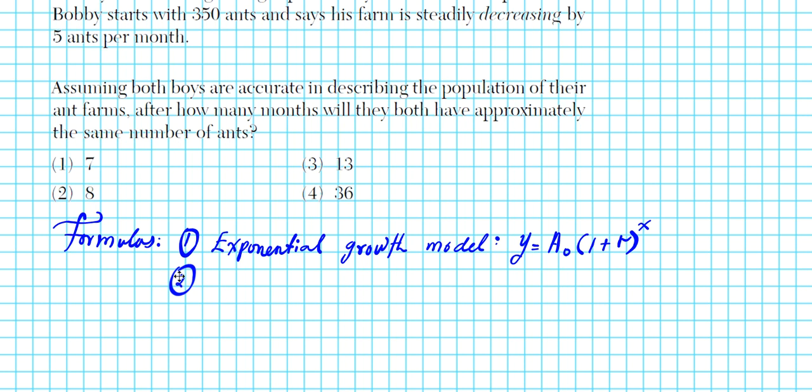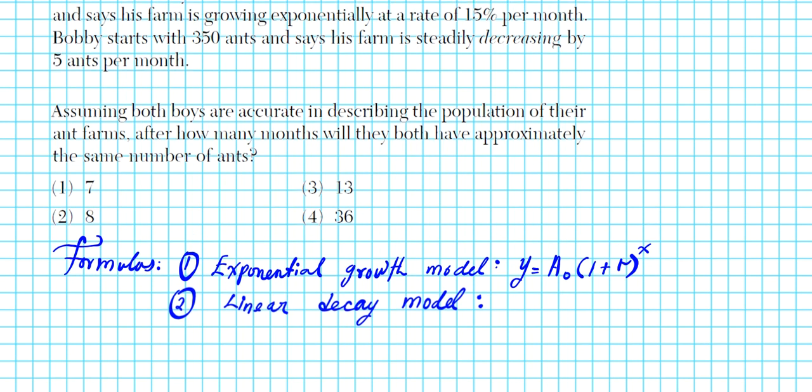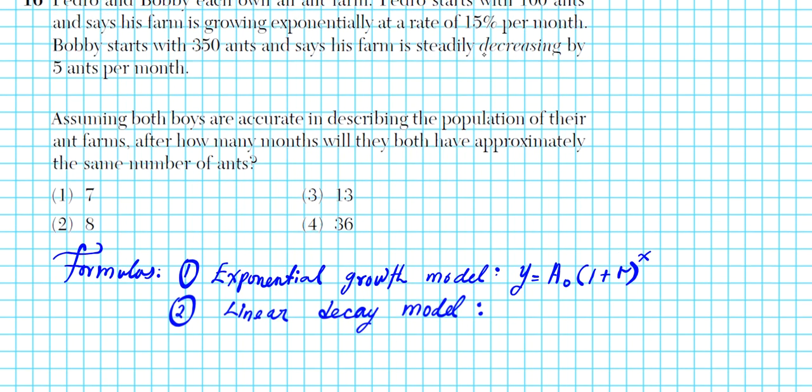Formula number 2 is the linear decay model. Linear decay basically means that the amount is reducing, going down. Because if you look at the second case, the situation with Bobby, the number of ants in his farm is decreasing, so we have a decay scenario there.